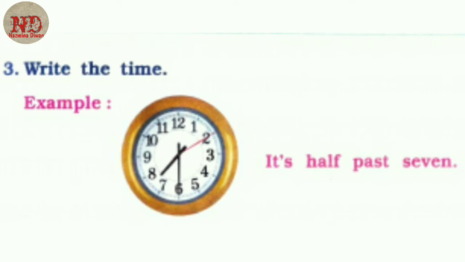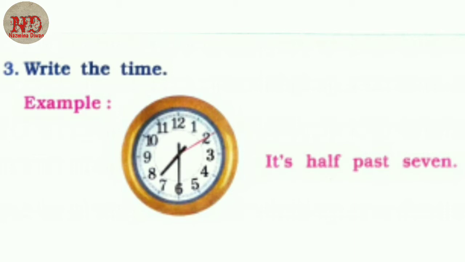See, in this clock there are two hands. Short hand is 4 minutes and long hand is 4 hours. Okay students, in this clock short hand is between 7 and 8 and long hand is at 6. So students, what time is it?